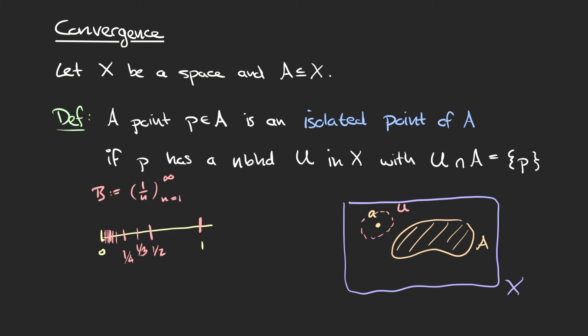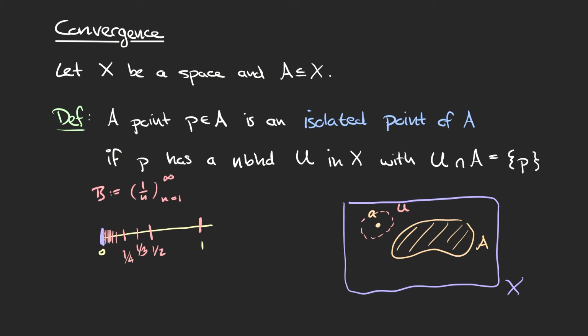We can now ask what the limit points and the isolated points of this set are. Now the name limit point is suggestive because we can think about the limit of this sequence 1 over n as n goes to infinity, and that limit is 0, so we might try to think if 0 is a limit point of the sequence, and in fact this is the case.